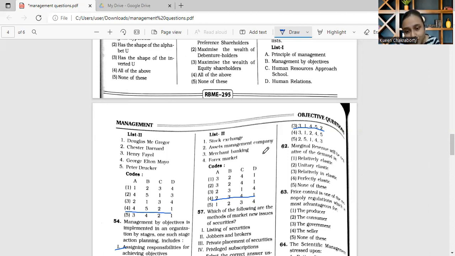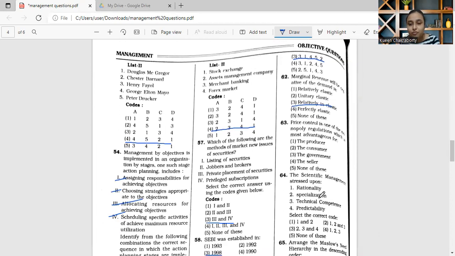By the profit-maximizing equality between marginal revenue and marginal cost, it would require negative marginal cost, which is not a realistic possibility. So option number 3 is the correct answer, relatively inelastic.